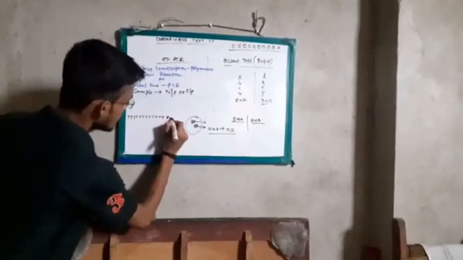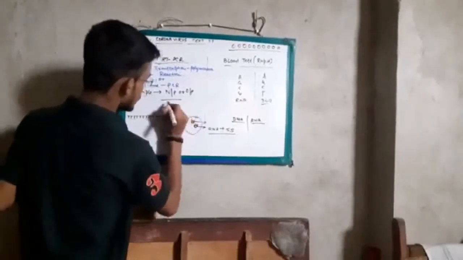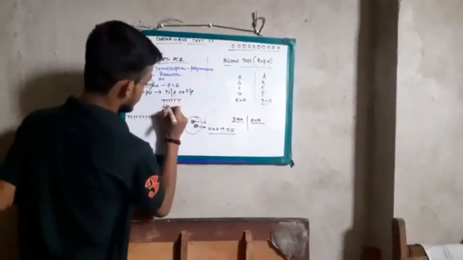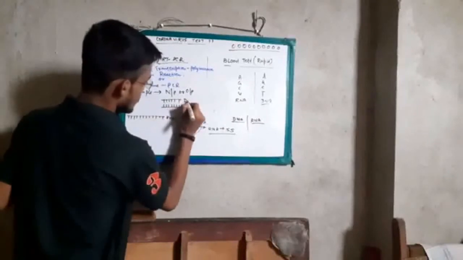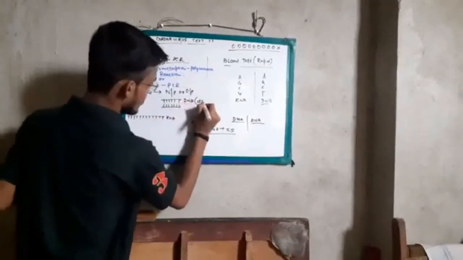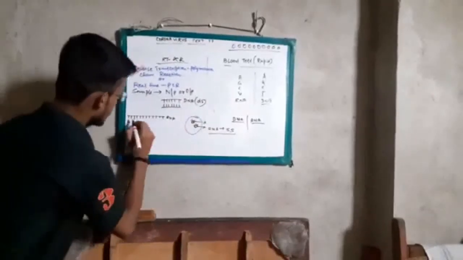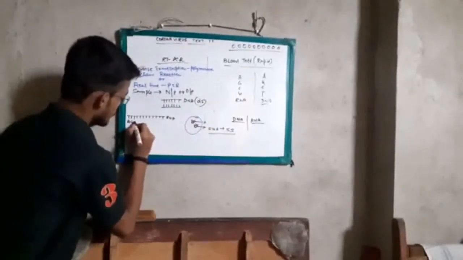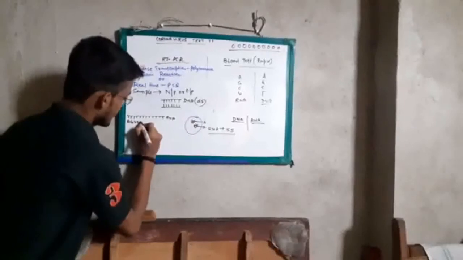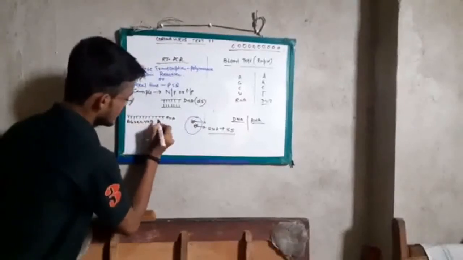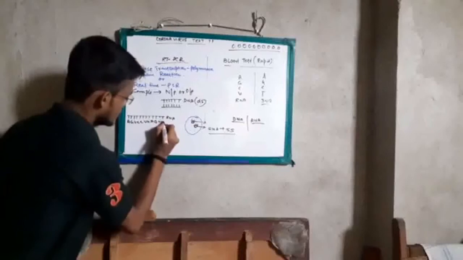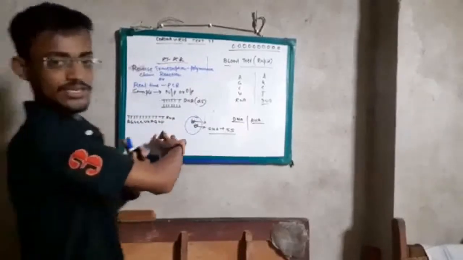This is an RNA. And DNA always looks like a ladder. This is DNA. DNA is always double stranded. This is an RNA. Let's make a hypothetical sequence of this RNA, CCU. This is a hypothetical sequence.